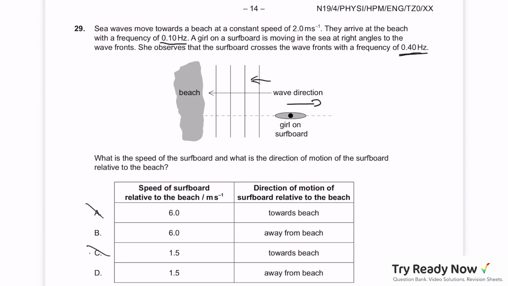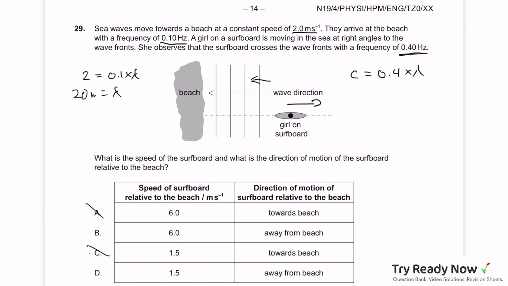Now, what we can do is find the speed at which she is going. Because we have the frequency, we know that the speed is 0.4 multiplied by the wavelength. To find the wavelength, we can use our information up here. So the speed of the waves is 2, which is frequency times wavelength, and the wavelength is 20 meters.